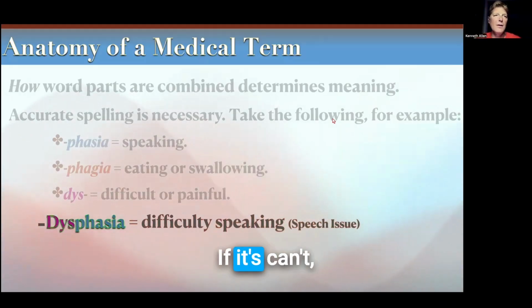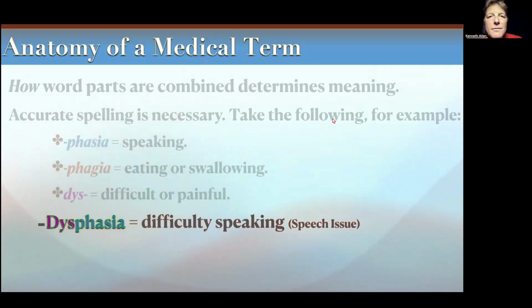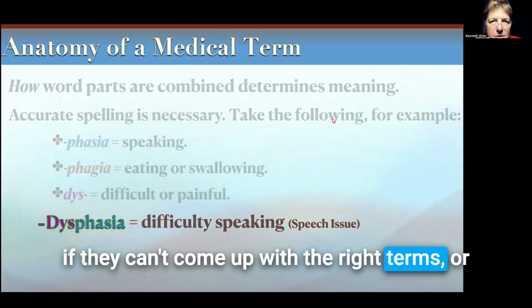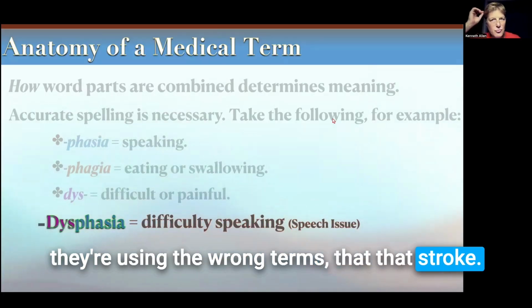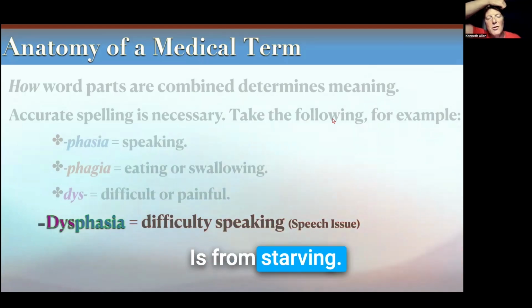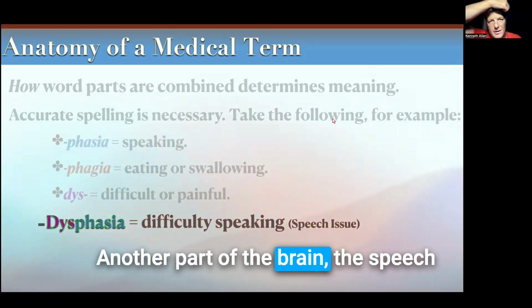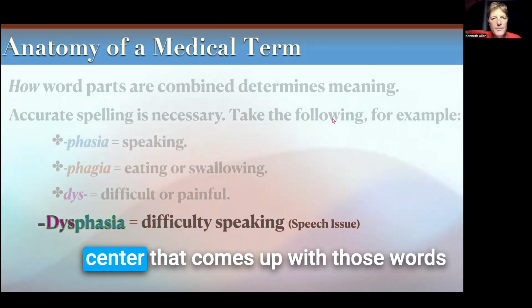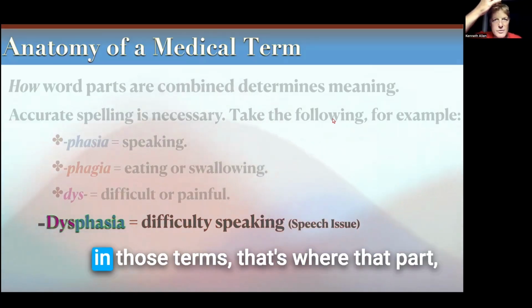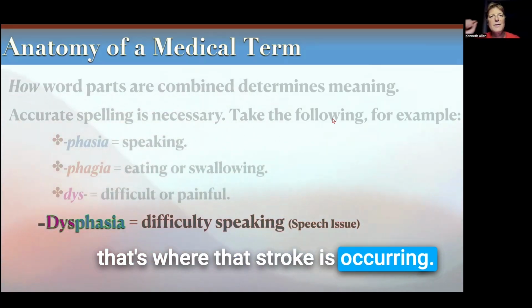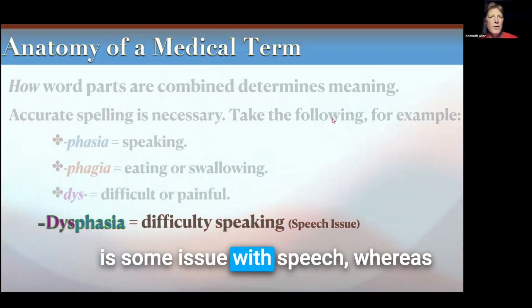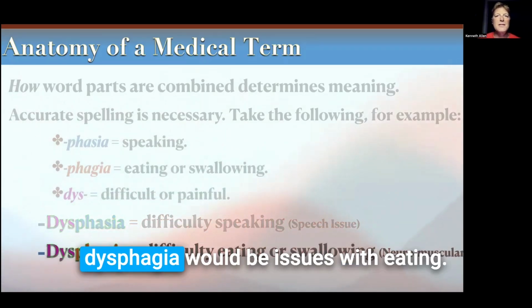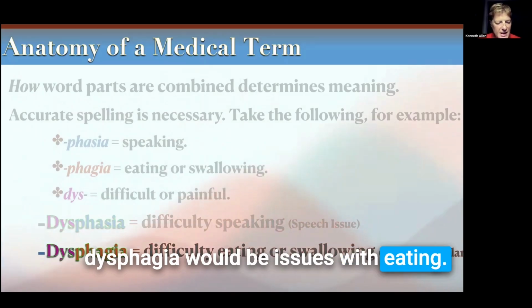If they can't come up with the right terms, or they're using the wrong terms, that stroke is from starving another part of the brain, the speech center that comes up with those words and those terms. That's where that stroke is occurring. Different spots. Aphasia, dysphasia is some issue with speech, whereas dysphagia would be issues with eating.